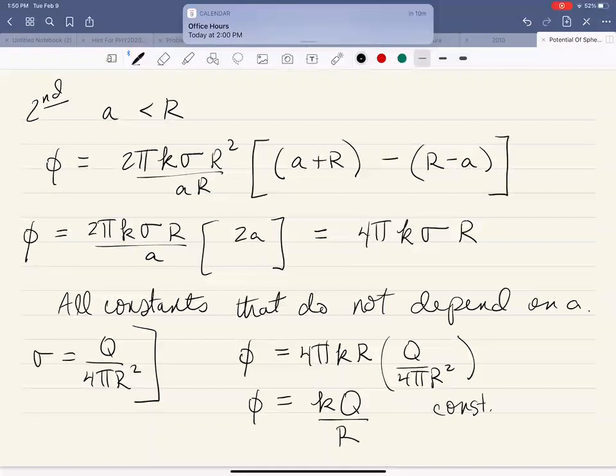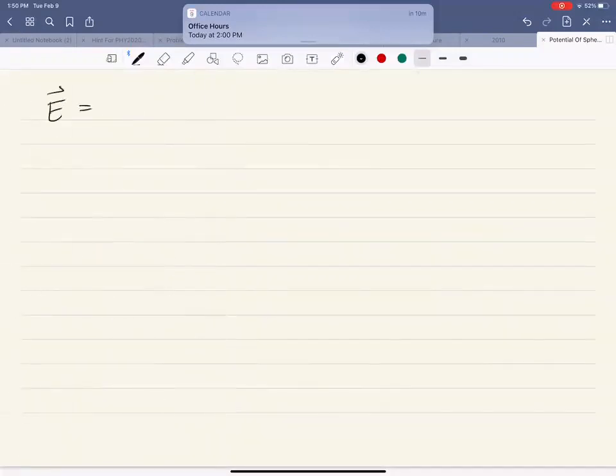Okay, so now let's find E. E is equal to minus the gradient of the potential, all right? So now this is going to be the gradient of the potential with respect to the radial coordinate. So here, the magnitude of E would be equal to minus d/dA of the potential, because the thing that varies now is A. And that's because we're only picking up the radial coordinate, as there is no dependence on any of the angular quantities.